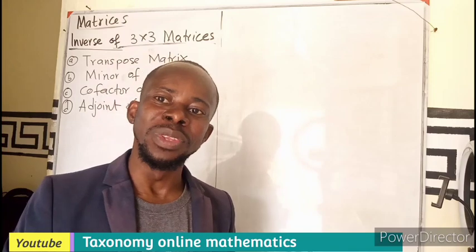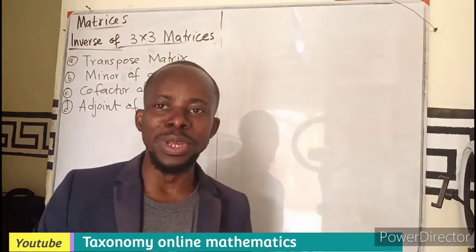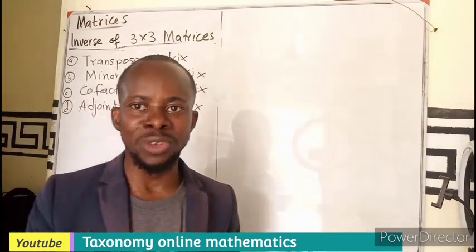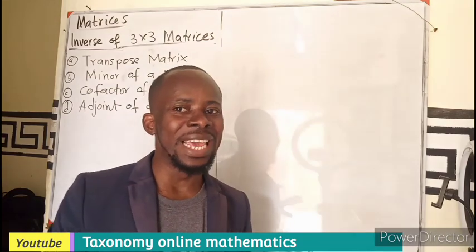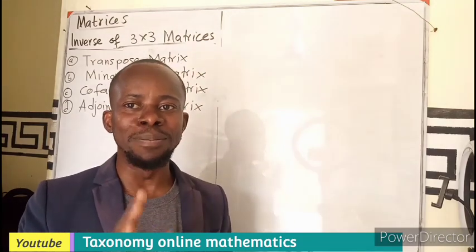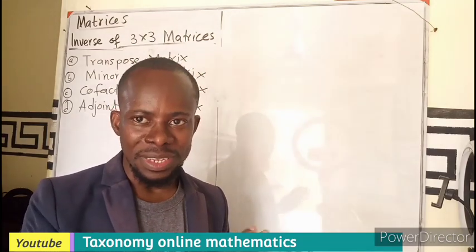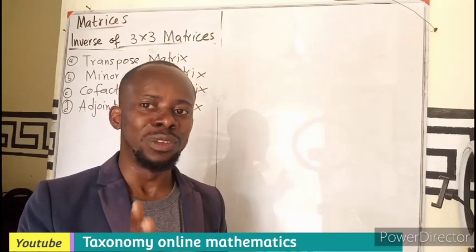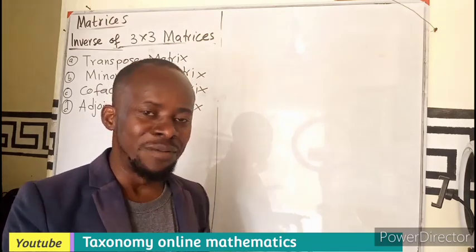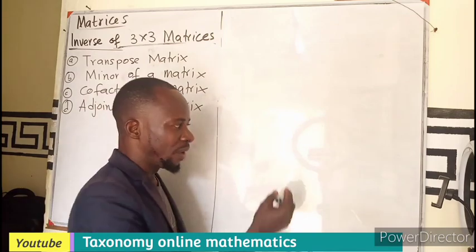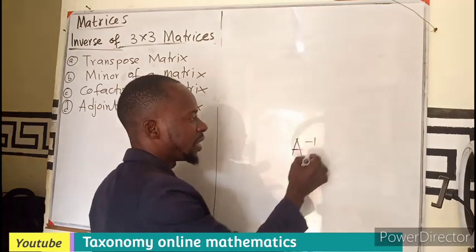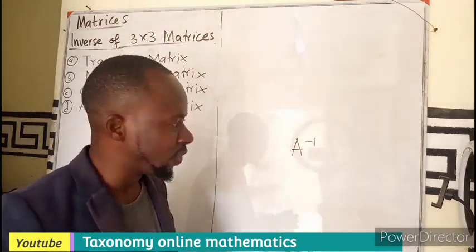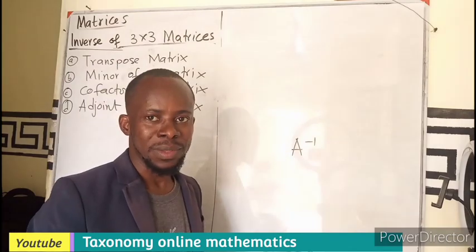Another beautiful day to take a tutorial on the continuation of the topic matrix. So today we are taking the inverse of a 3 by 3 matrix. In the previous lesson, as in 2 by 2, we learned that the inverse is just the reciprocal of a number of a matrix, which is indicated by this.